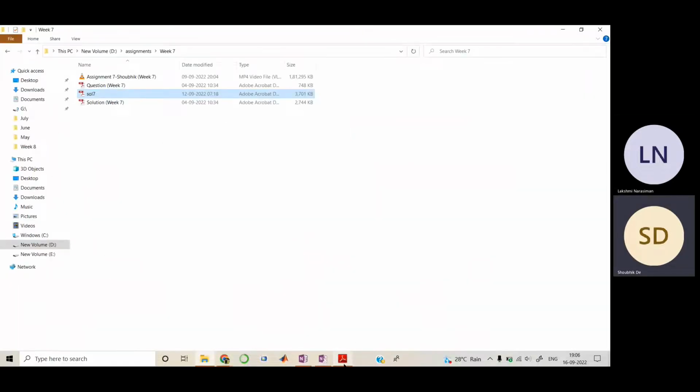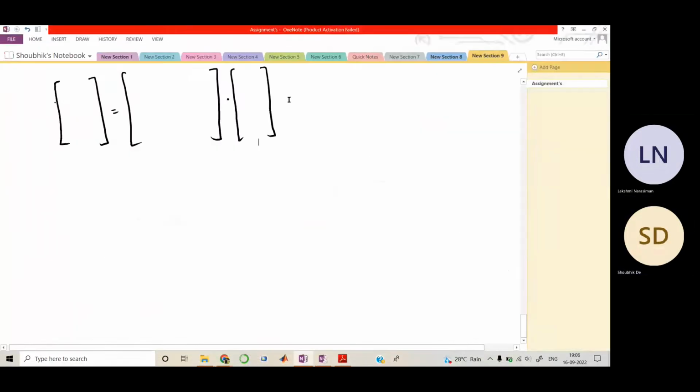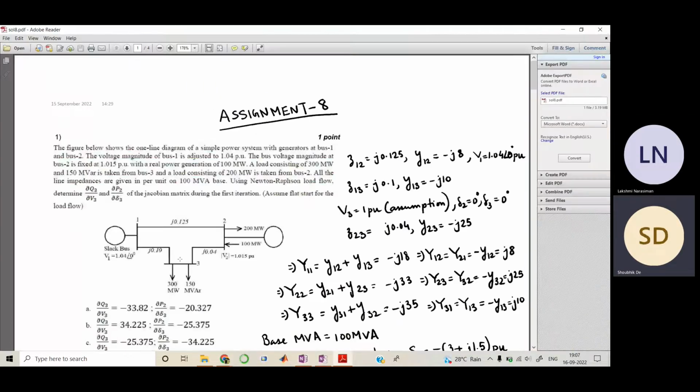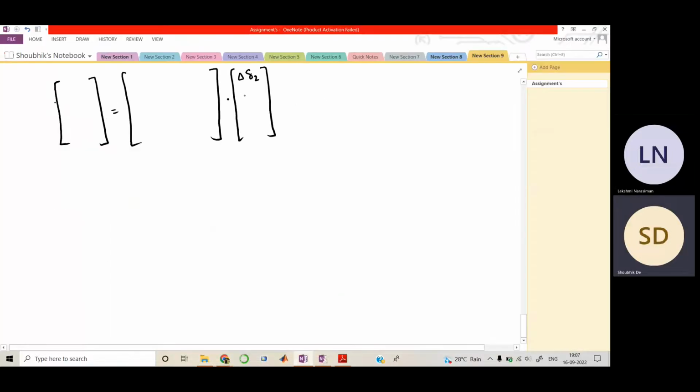Now we can write this: del 2. It is the same for bus 3. We don't know the load angle at bus 3, so del 3 is also not known. We also don't know the reactive power at bus 2.